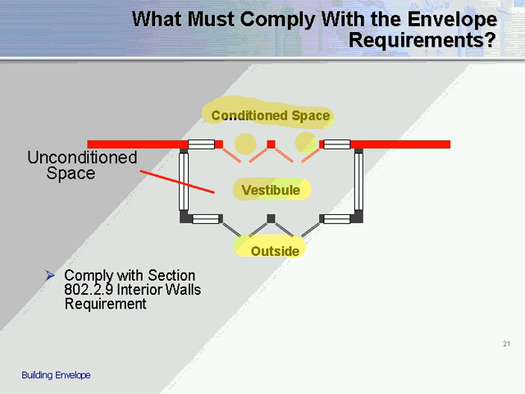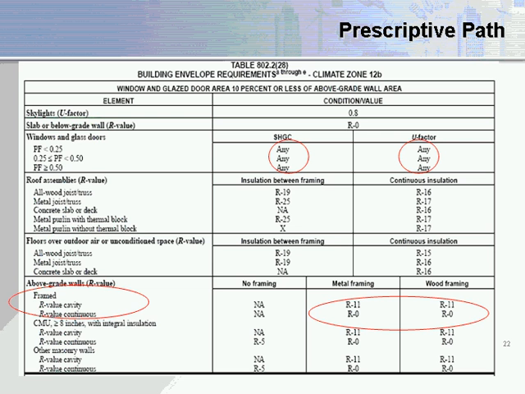From an IECC standpoint, this wall surface around unconditioned space is exempt from the code. So glazing, walls, doors would be exempt from the code between the unconditioned vestibule and the outside, and then we would need to worry about the surfaces between the conditioned space and the vestibule and figure out how to get those to comply with the IECC.